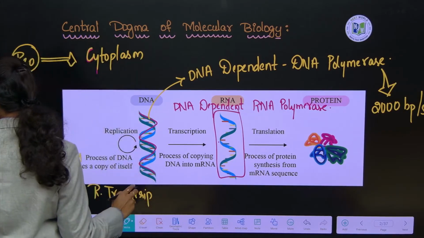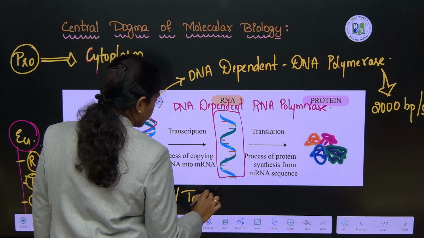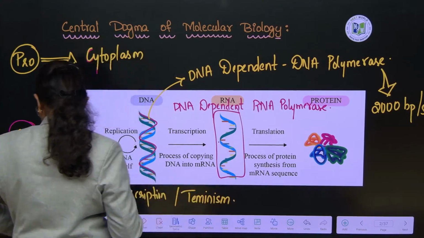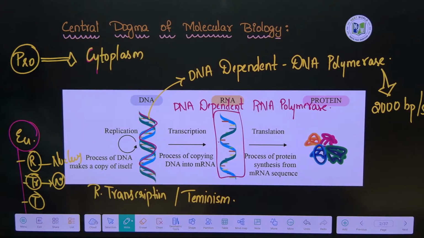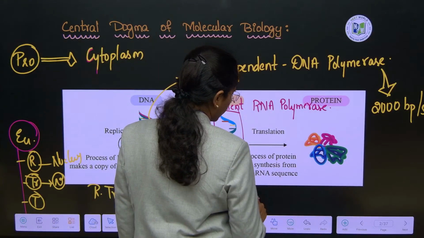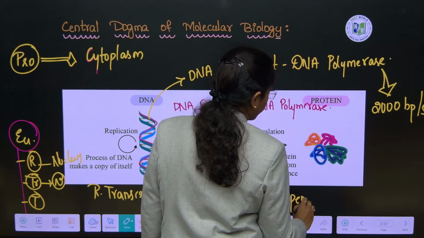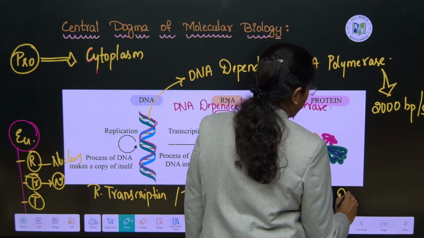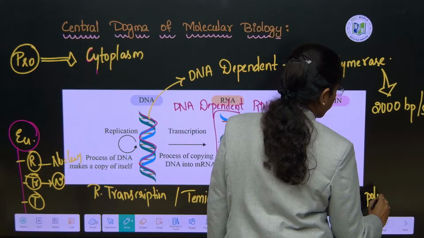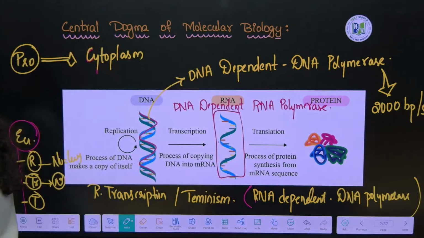What is the enzyme required here for a DNA strand to be synthesized from RNA? It is RNA dependent DNA polymerase. Clear? Any doubt anywhere?